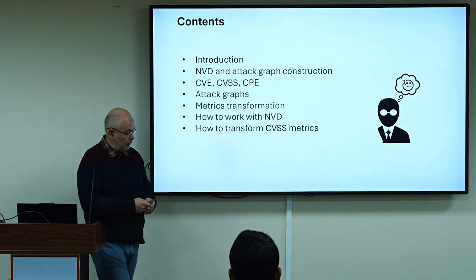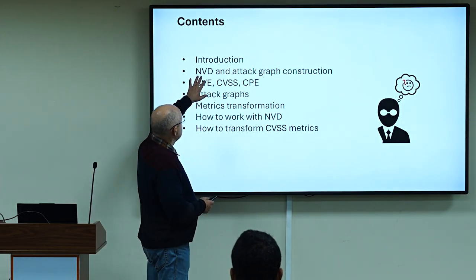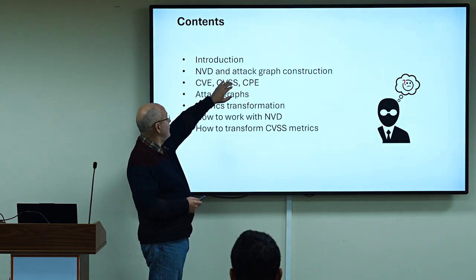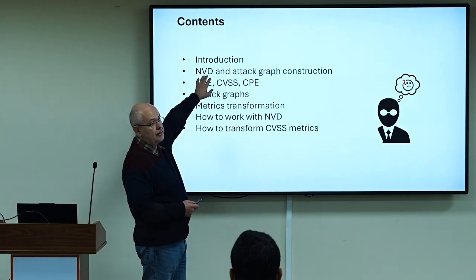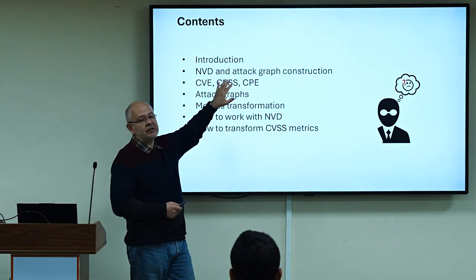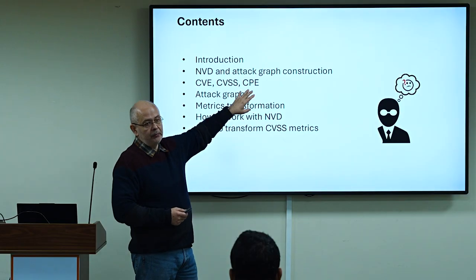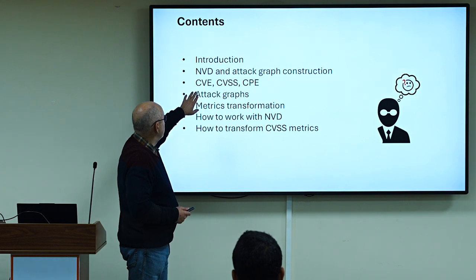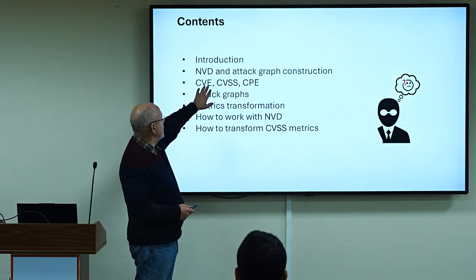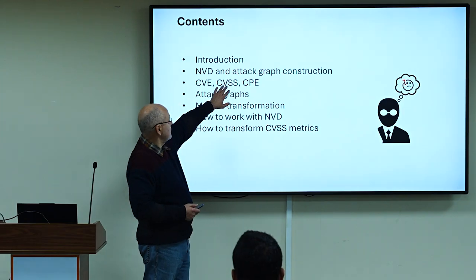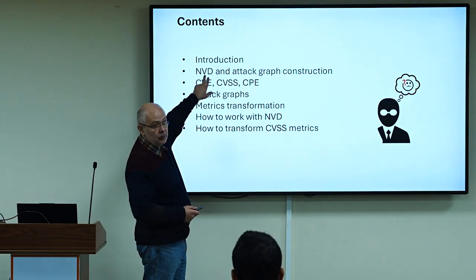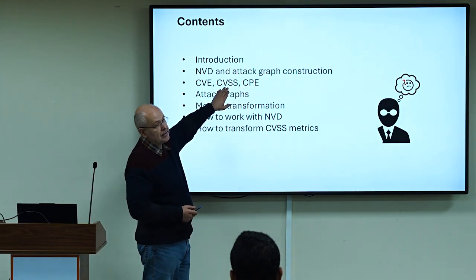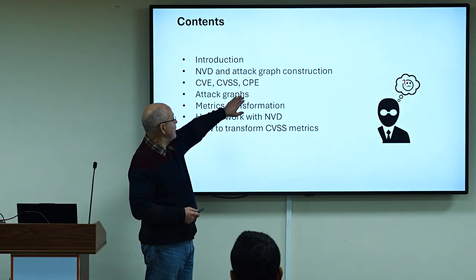The content is as follows. We again repeat the information about attack sequences. Then we consider the knowledge base. There exist a lot of knowledge bases about vulnerabilities, but one of the main ones is NVD. Then we consider other databases and formats for vulnerabilities: CVE, CVSS and CPE. CVSS is for scoring of vulnerabilities.